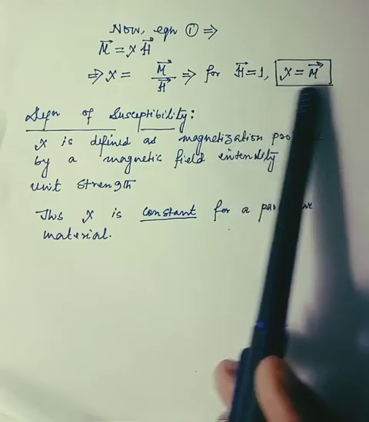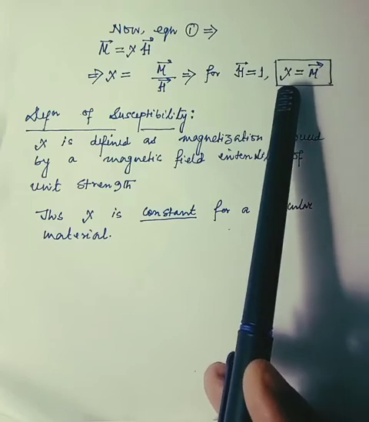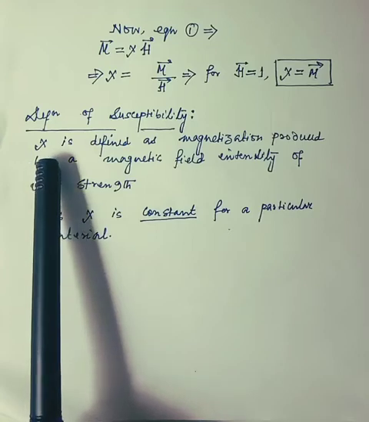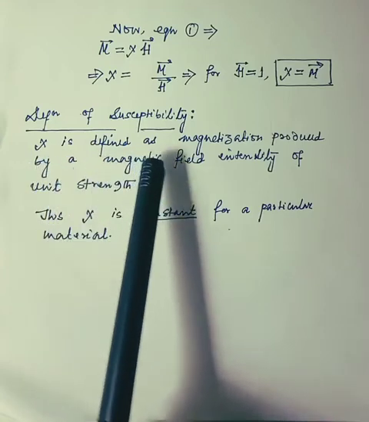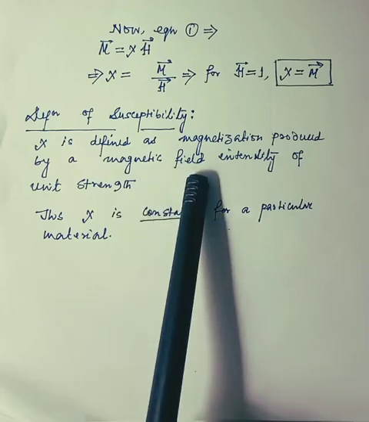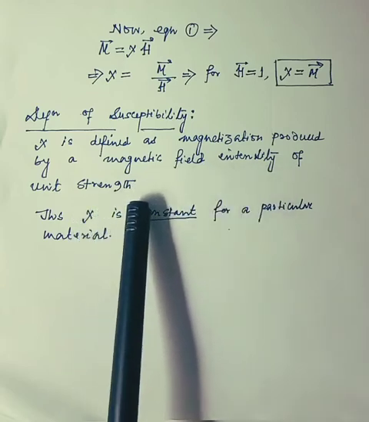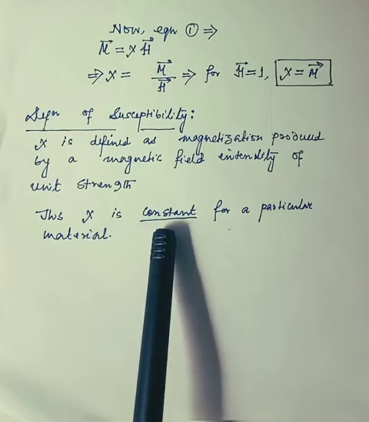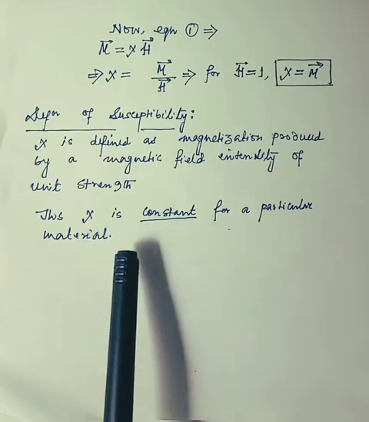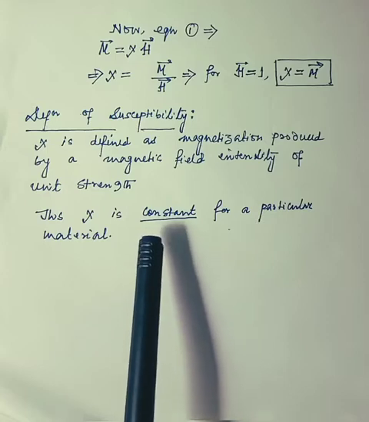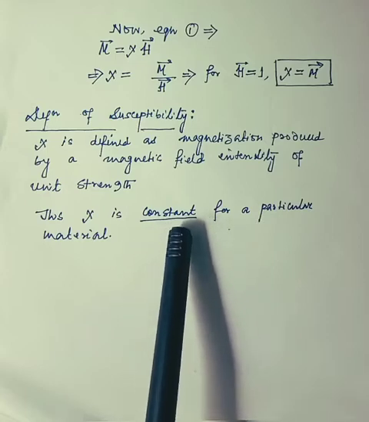Now from this relation we can get a definition of susceptibility. So susceptibility chi is defined as the magnetization produced by a magnetic field intensity of unit strength. This chi is constant for a particular material. This means the susceptibility chi is a material specific property.